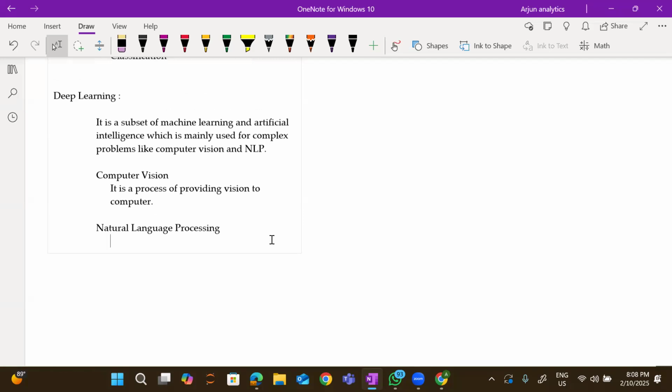Next one is natural language processing: a process of giving computers the ability to understand human language, or making computers understand human language.